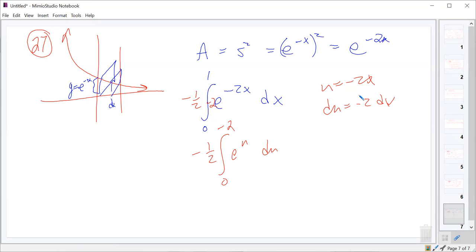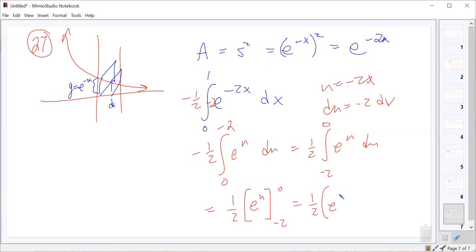Everybody good with that? You good with that, Serena? Yeah. Okay. So then we end up with, let's see, we could put the limits of integration if we want. You don't have to, but I'm going to. We have 1/2 integral from negative 2 to 0 of e to the u du, which gives us 1/2 of e to the u from negative 2 to 0, which gives us 1/2 of e to the 0 minus e to the negative 2.